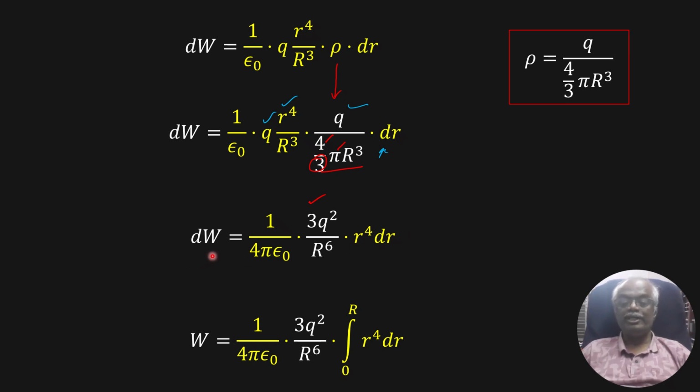In order to find the total work done, you integrate. Here you integrate r power 4 with respect to r between the limits 0 to R because we are increasing the radius. Now we will carry out this integral.